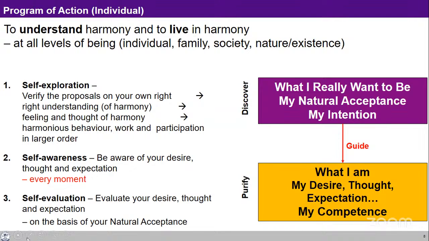If there is a gap between these two, that will be the reason for the problems. So if I am able to discover this natural acceptance, and if I can use it as a gate for purifying my state, that itself will help me in my transformation.